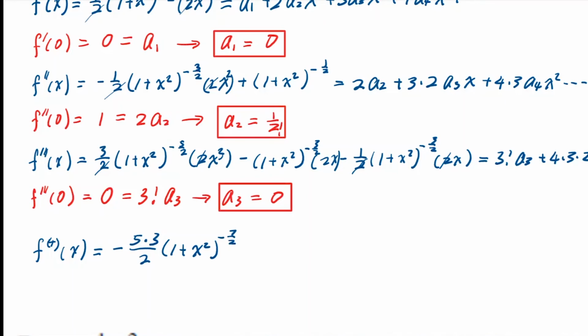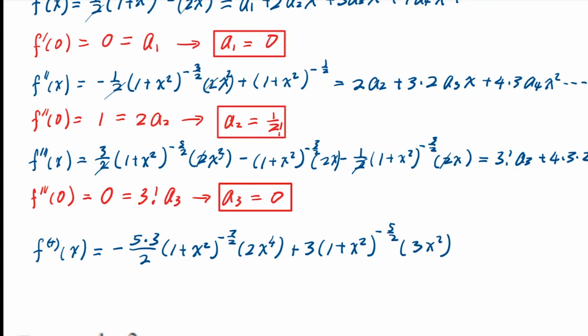You with me? And the chain rule, so we have 2x to the 4th power. Good. U prime v part, and then u v prime, so plus 3 here, and then 1 plus x squared to the negative 5 over 2, and then that thingy becomes 3x squared.